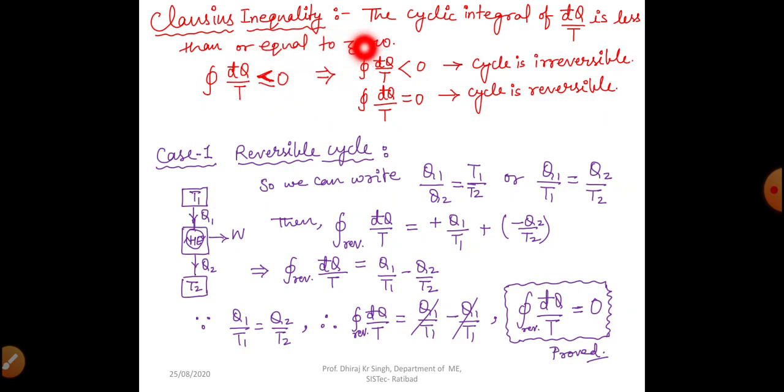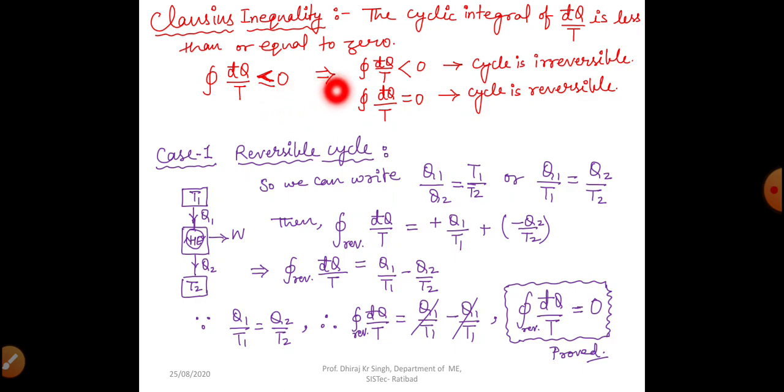What did he say? He said the cyclic integral of del Q by T is less than or equal to 0. Clausius said the cyclic integral of heat transfer divided by temperature will always be less than or equal to 0. So he has given two terms here: once it will be less than 0 and once it will be equal to 0.